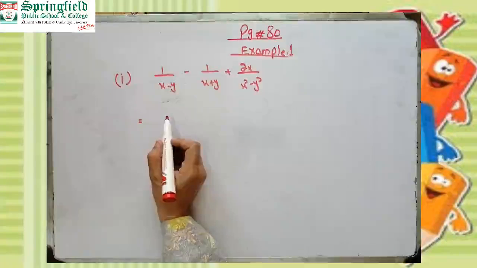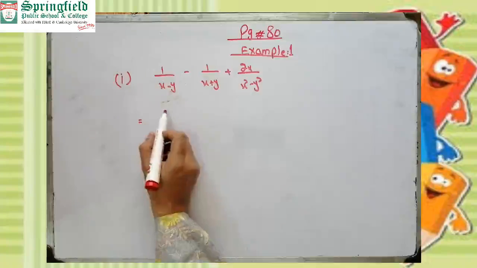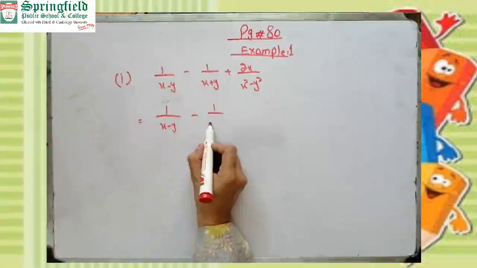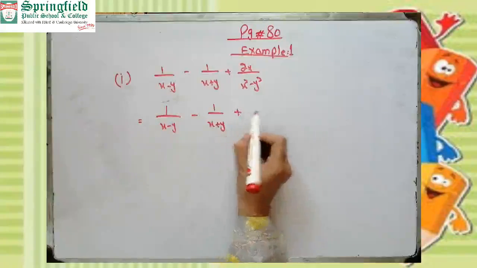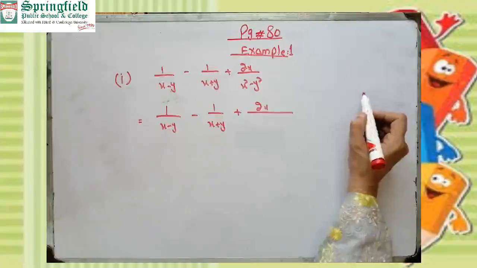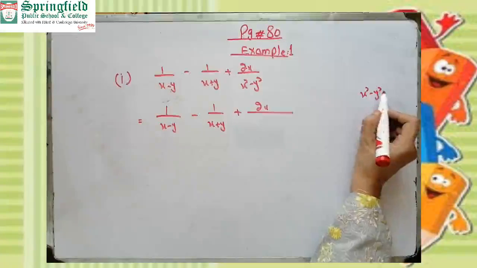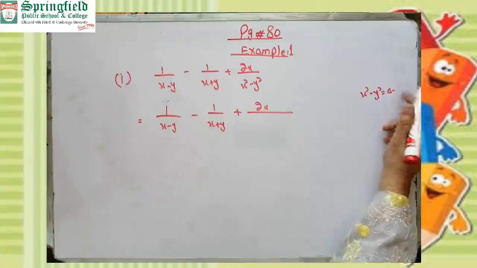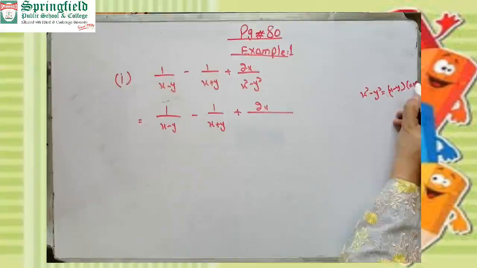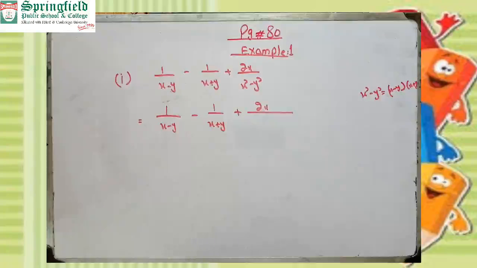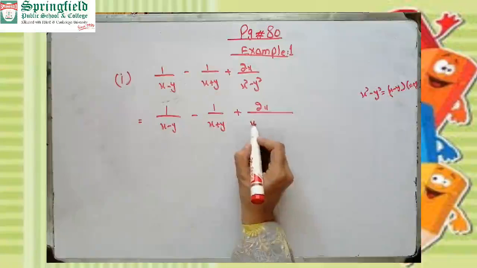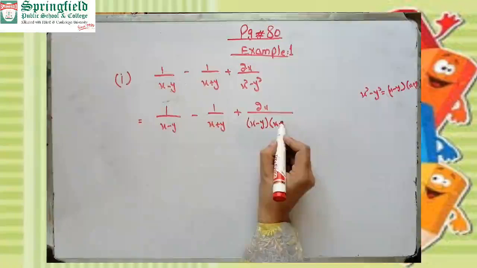As we know that we can simplify by taking the LCM. a square minus b square is equal to a minus b, a plus b. Fine. So open the formula, it will become x minus y, x plus y.